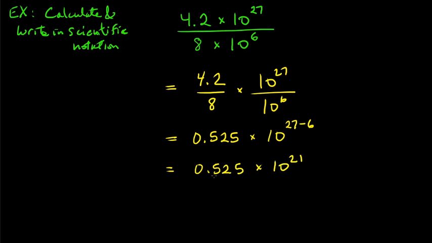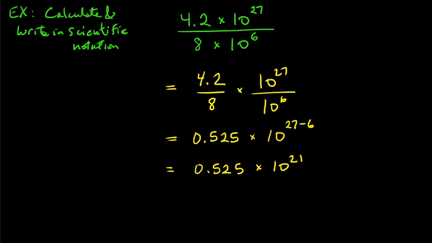Right, so 0.525 times 10 to the 21. But again, that's not scientific notation. Remember, this digit here cannot be a 0. It has to be a 1, 2, 3, 4, 5, 6, 7, 8, 9, but not a 0.